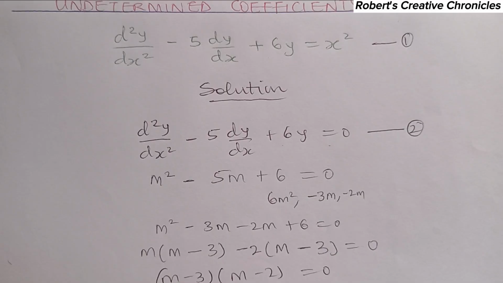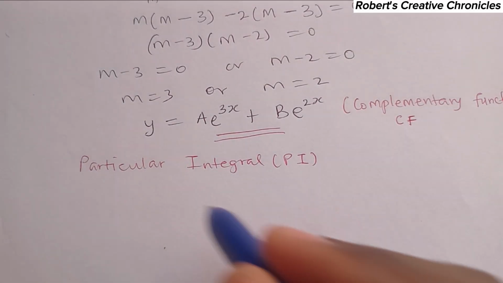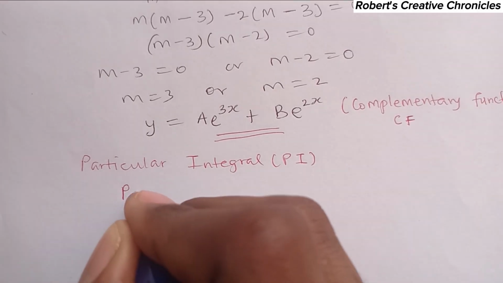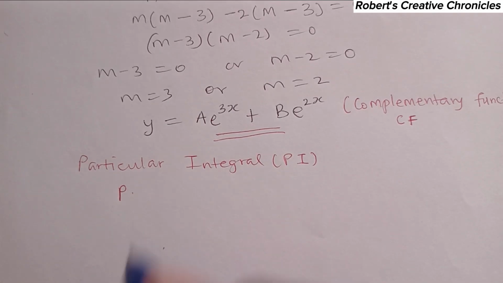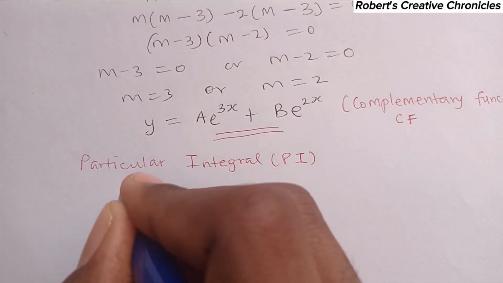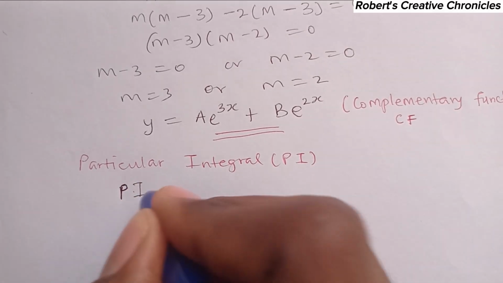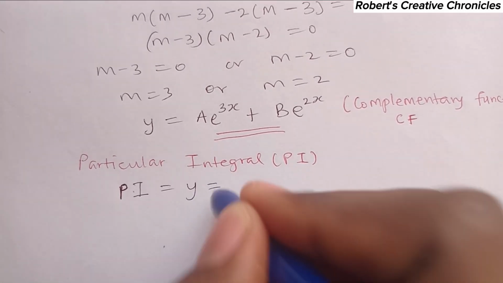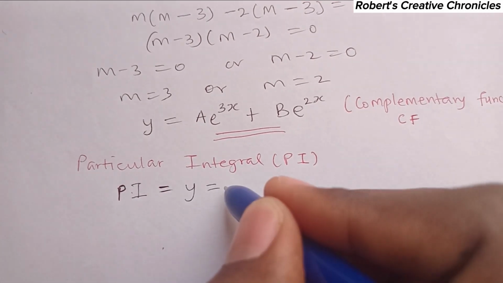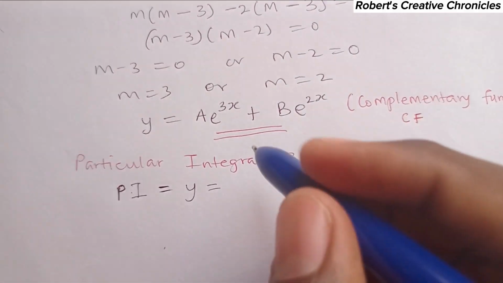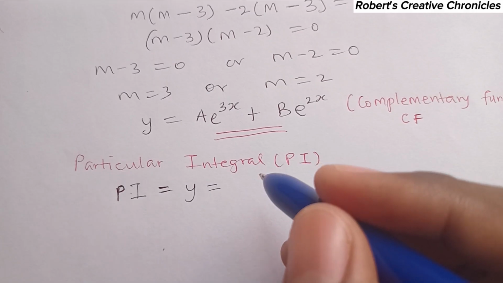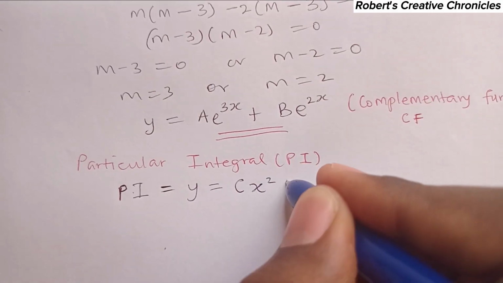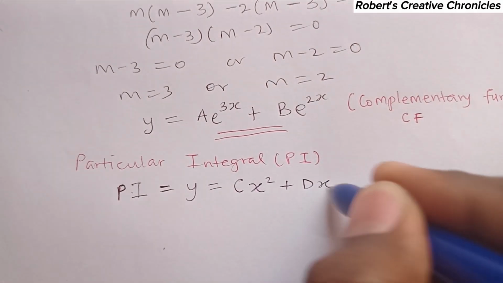So let's do that. Now the particular integral PI will be equal to what? y equals the general form of a quadratic, which is cx squared plus dx plus e.